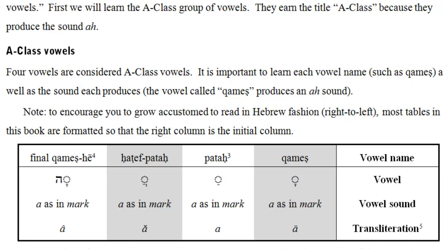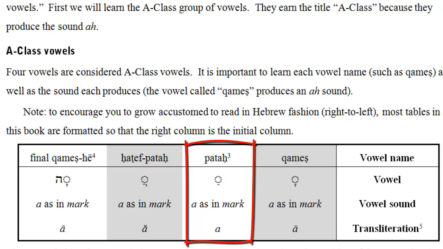The second A-class vowel is known as patach. Patach. Again, in the spelling of this vowel name you see under the letter H a dot. This dot indicates that the H is not a smooth H, but rather closer to a CH.